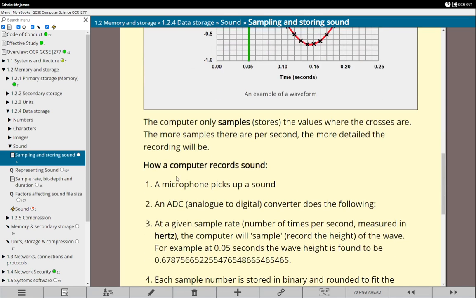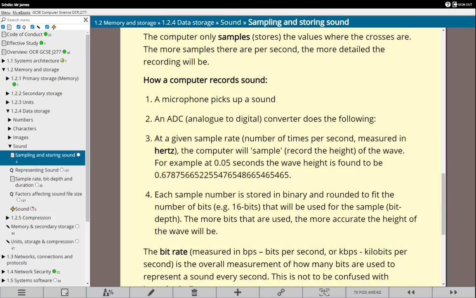So to go into a little bit more detail, this is what happens when a computer records sound. In the case of me talking into a microphone, we have what's called an analog to digital converter. So at a particular sample rate, or sample frequency, I sometimes call it sample rate, sometimes sample frequency, so many times per second we measure the height of the wave, and then that is saved using a certain number of bits.